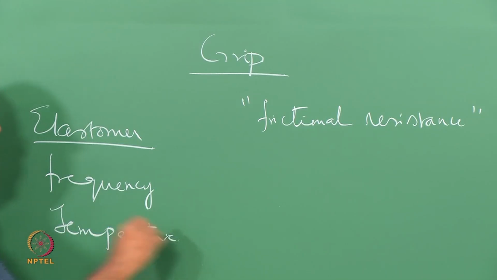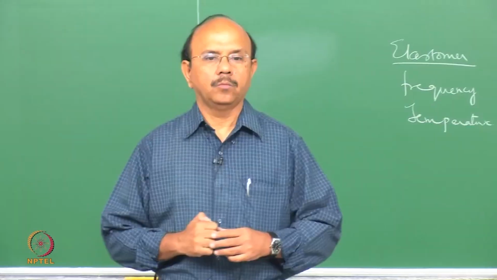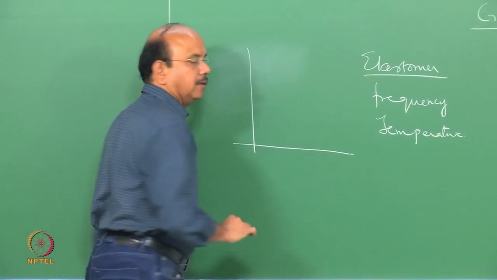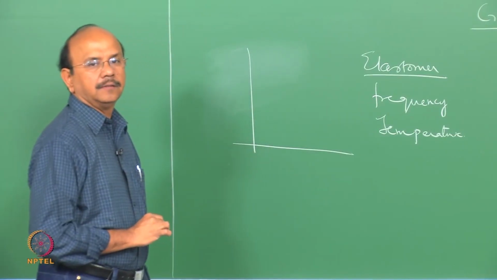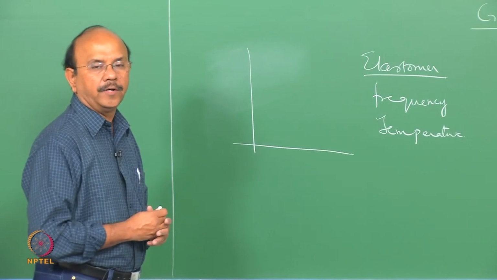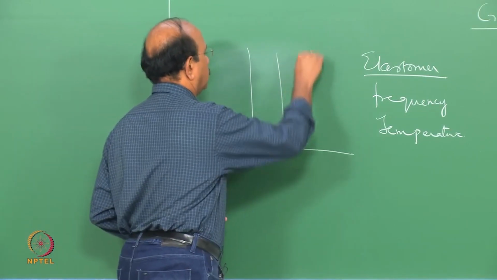And in fact, we saw that they have an opposite effect, and we explained that the region where an elastomer operates can be divided into three parts.